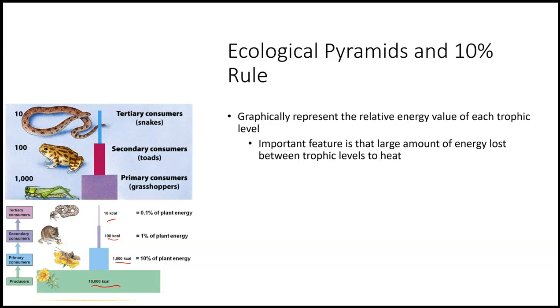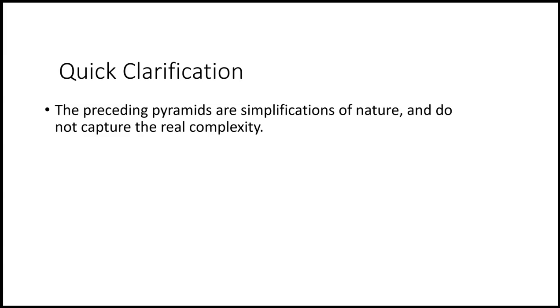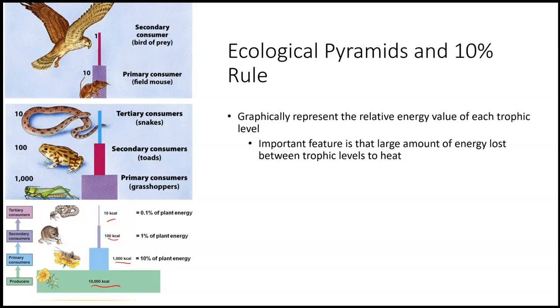We could think of it in terms of just numbers. For every 1,000 grasshoppers, we might expect 100 frogs and 10 snakes. And we could also think of it in terms of biomass. All of them tell the same story. So, quick clarification though. Those pyramids that we just looked at are simplifications.